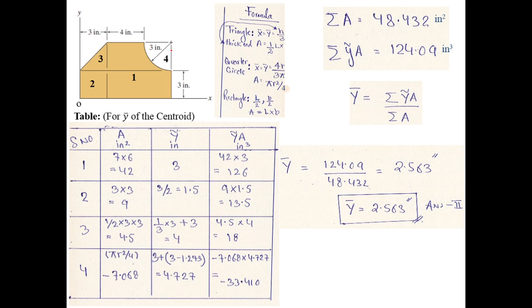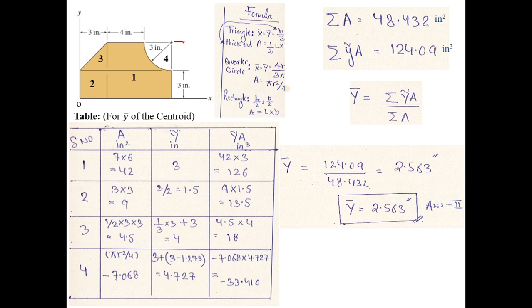So you are going to subtract 1.273 from 3 and add 3 to it. Adding 3 to the difference between 3 minus 1.273 gives you 4.727 inch measured from the origin.